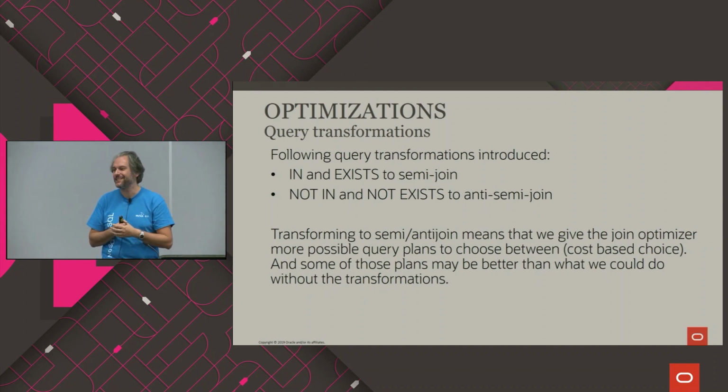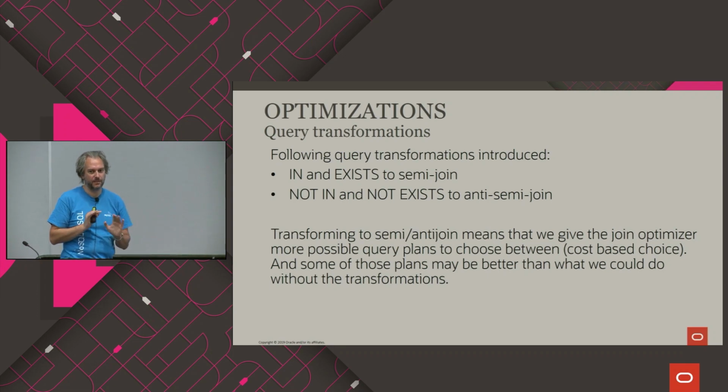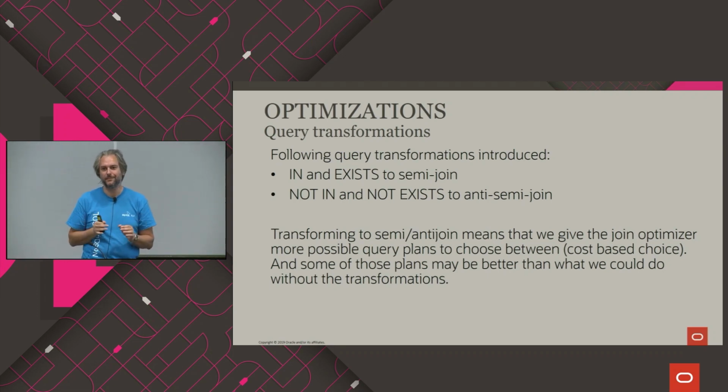Pardon my ignorance, but I think I've read that there is some database with semijoin syntax. Nobody can confirm. Maybe I have invented it, but I think I read it. All right, what's a semijoin?